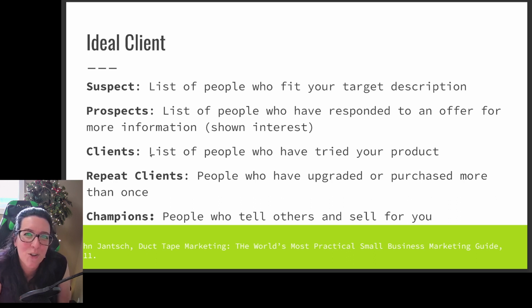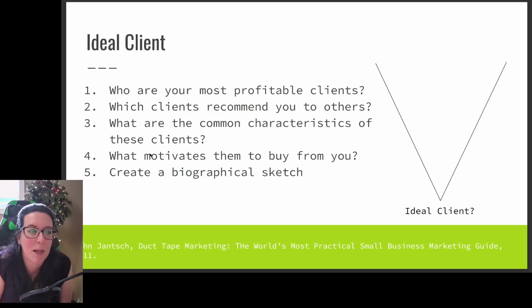So we need to understand who the ideal client is. We can do that by starting by looking first at who our most profitable clients are. So who are those champions? Who are the people who recommend us to others? Who are the people that are loyal and keep coming back? Maybe they're the ones who buy the most from us.